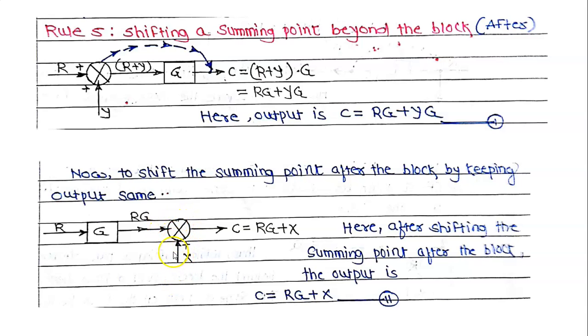Then at the summing point signal we have considered it as X signal, we will find out value of X. Therefore from the summing point output signal C is equal to RG plus X. Here after shifting the summing point after the block, the output is C is equal to RG plus X, that is equation 2.